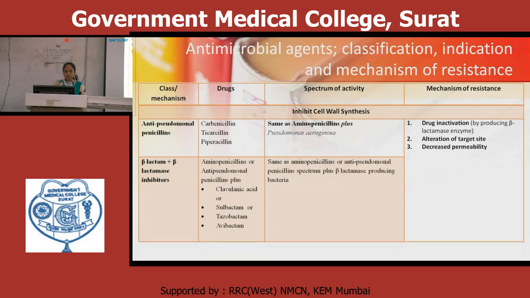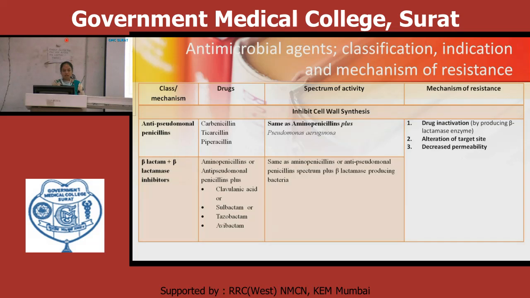Anti-pseudomonal penicillins. Drugs are carbenicillin, ticarcillin and piperacillin. Inhibition of cell wall synthesis same as aminopenicillin. Mechanism of resistance is the same: drug inactivation by producing beta-lactamase, alteration of target site and decreased permeability.